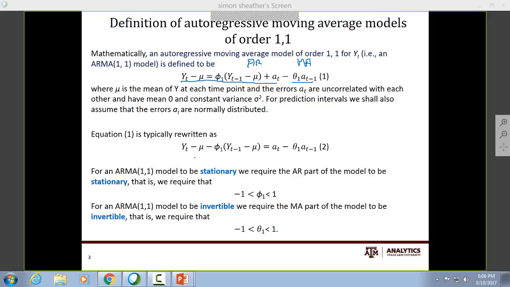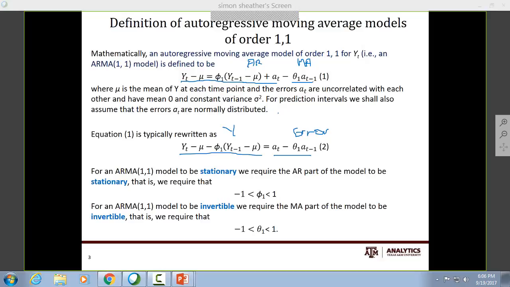And typically we rewrite that into two pieces. This is the error part, and this is the part that involves y.